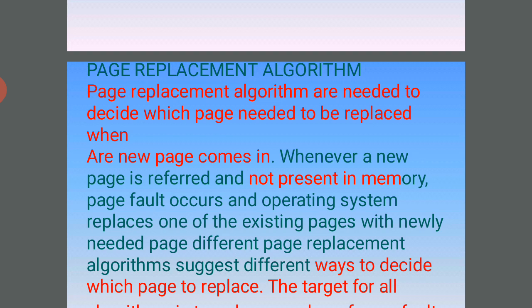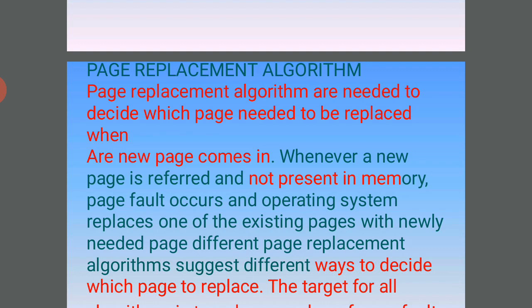Whenever a new page is referred to and is not present in the memory, a page fault occurs and the operating system replaces one of the existing pages with the newly needed page. Different page replacement algorithms suggest different ways to decide which page to replace. The target for all algorithms is to reduce the number of page faults.